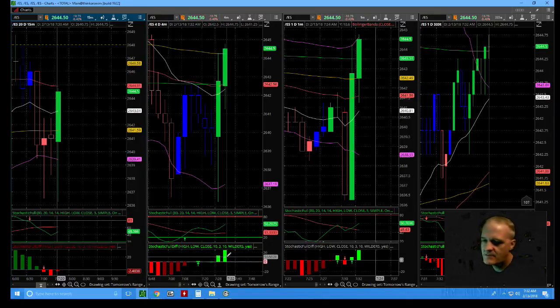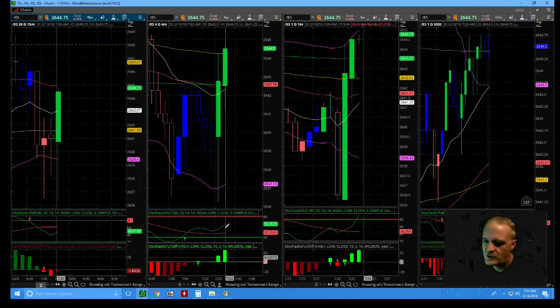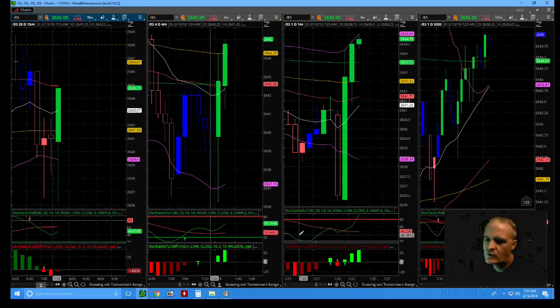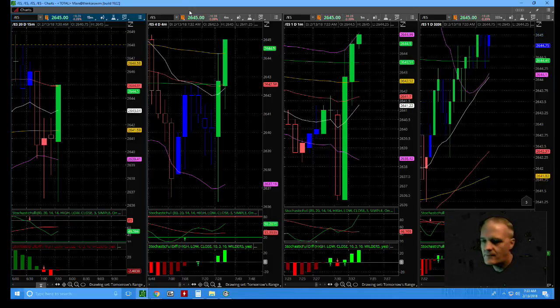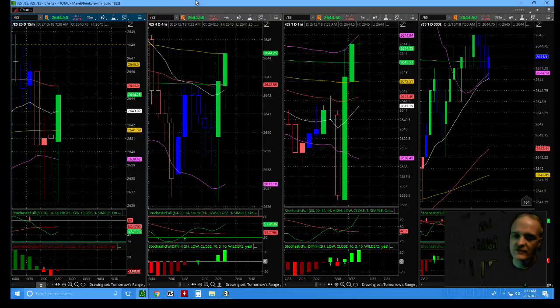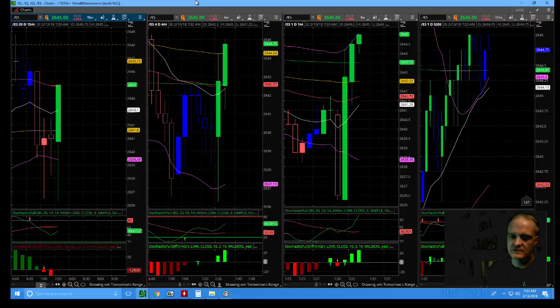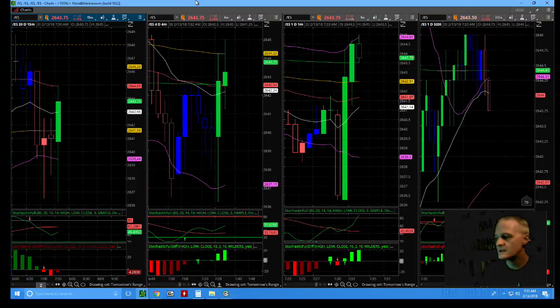All it does is measure the difference, or the distance, between this green plot and this red plot. The red plot is what's called full D, and the green plot is what's called full K. Full K is an average, and full D is an average of an average, so the average of the average is the slower one.